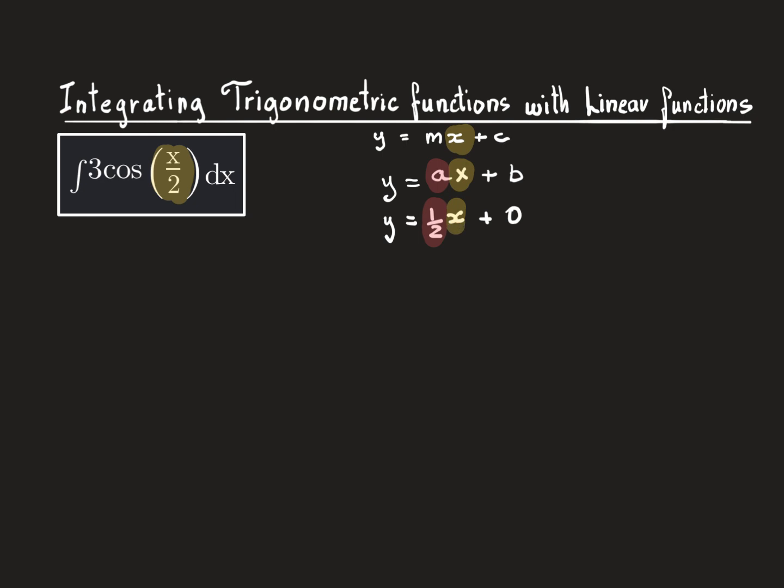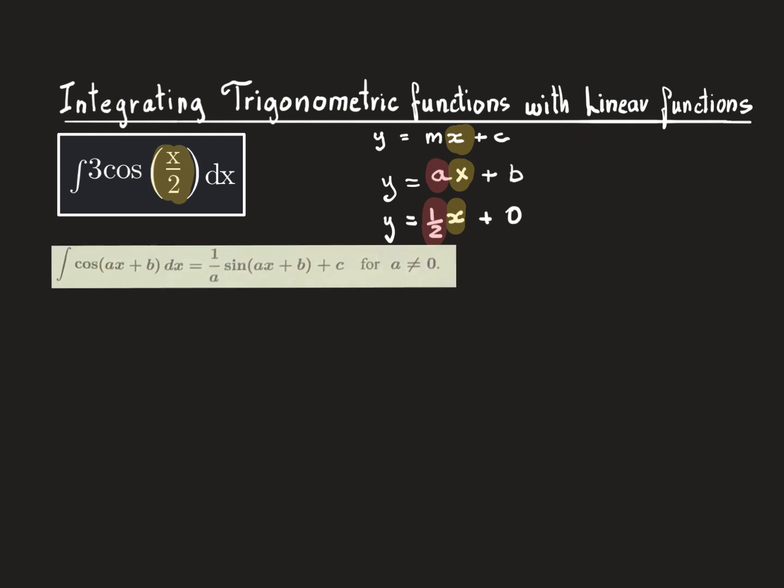So you may wonder why I'm making such a deal of this linear function. Well, let's have a look at the integral of a trigonometric function rule. As you can see, the linear function over here, we need to take out the a value and use it as 1 over a. So by rewriting my integral again and saying 3 cos a half x dx.